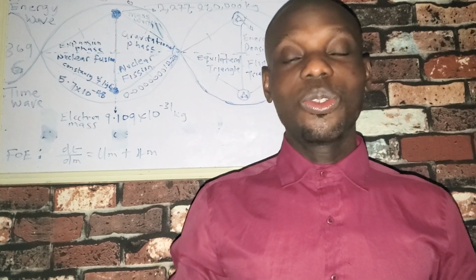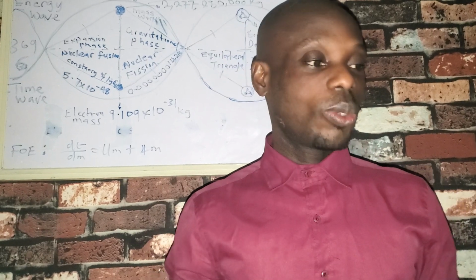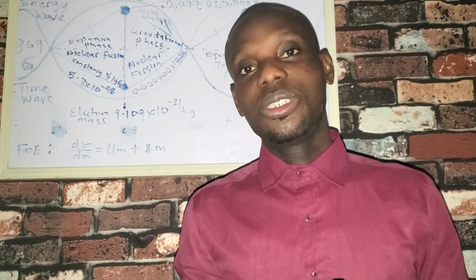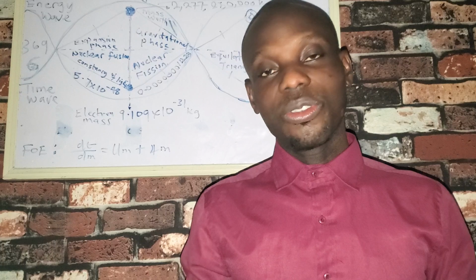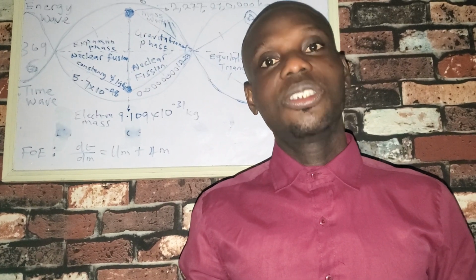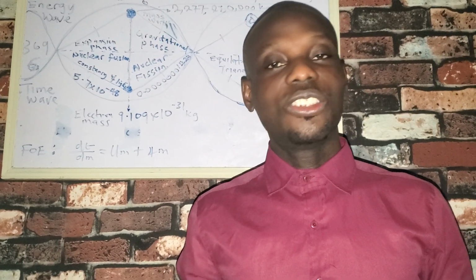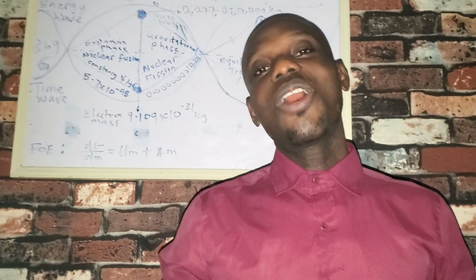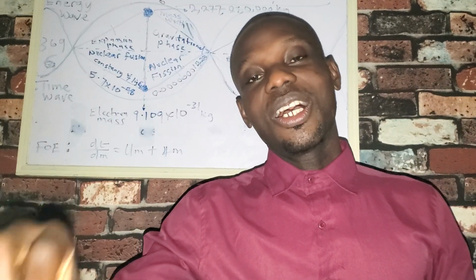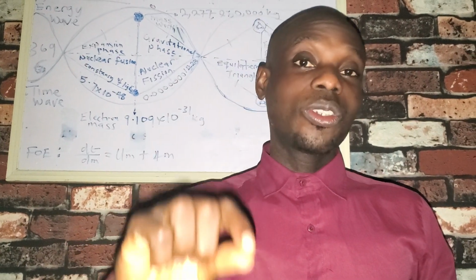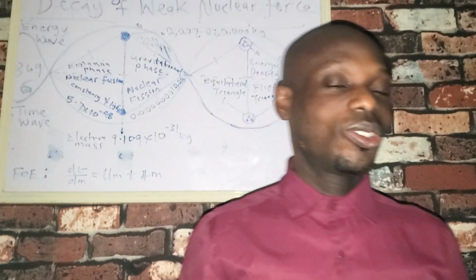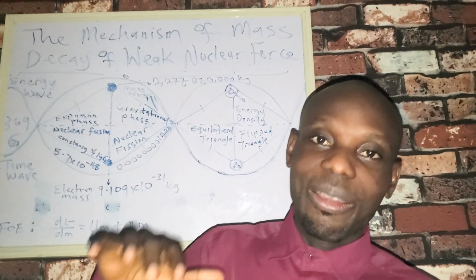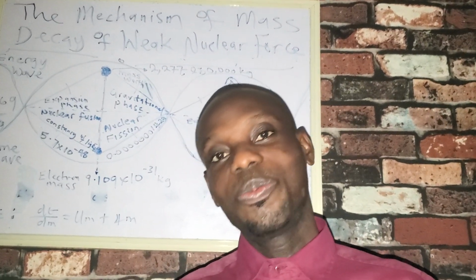When you look at deuterium, that is when you have an additional neutron in the nucleus of hydrogen. So when you have that, you have deuterium. But when one more neutron is added to that, you have tritium. But one thing about tritium is it then becomes unstable.